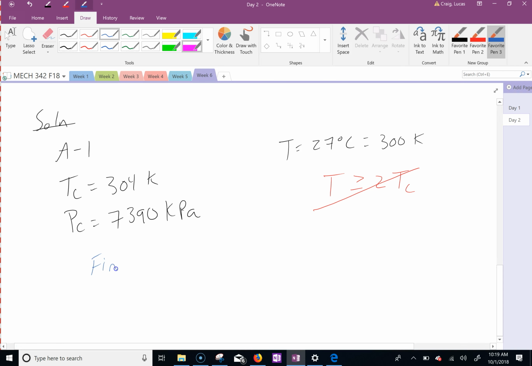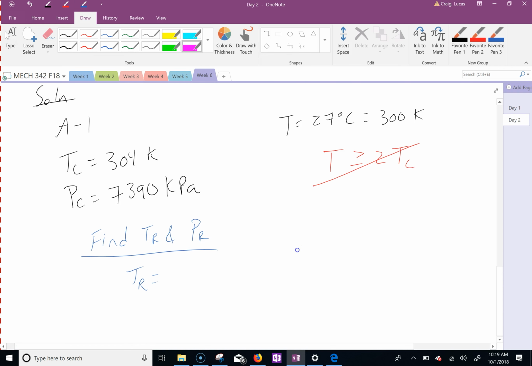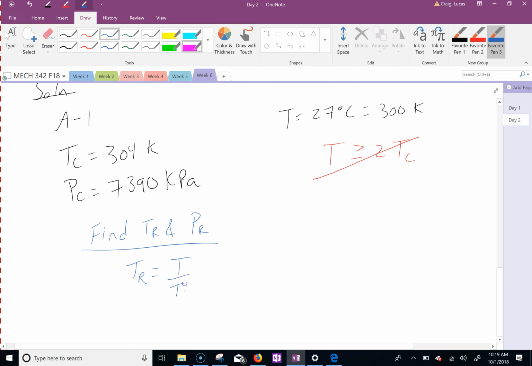So let's find TR and PR. This is T over TC, which is 300 K over 304 K, 0.987.